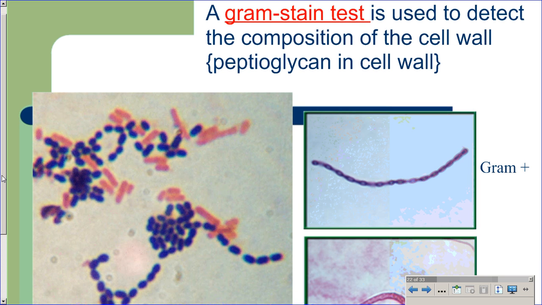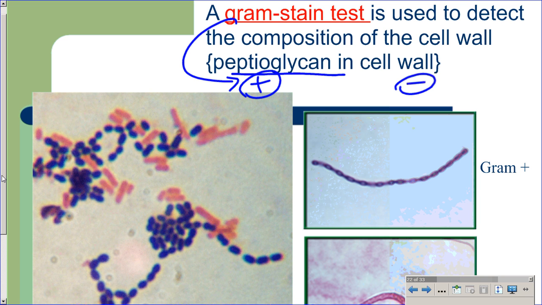Yeah. So Gram stain test, the red words up there. You can either have a Gram stain test that is positive or negative. All right, so when you look up here, the Gram stain test is testing for the stuff in the cell wall of a bacteria. The stuff in the cell wall of a bacteria is called, get ready, peptidoglycan.